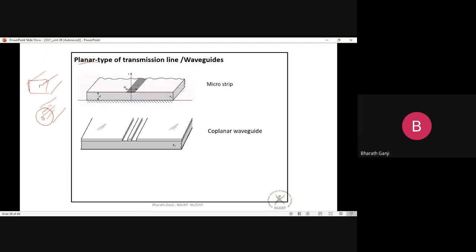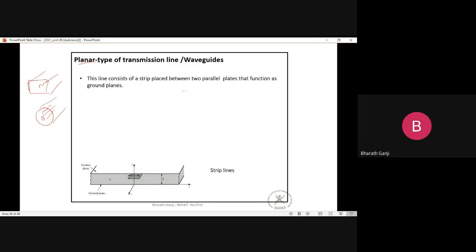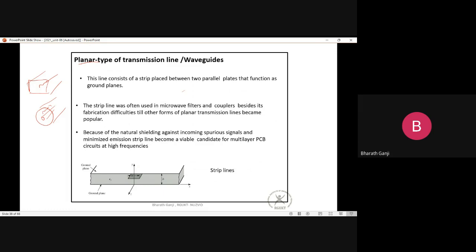The other common popular kind of planar type structure is strip lines. So the strip line, as you can see, has two ground planes, the bottom one and the top one, and in the middle there is a strip. And in the middle it is filled with the dielectric medium epsilon r. So strip line is a kind of parallel plate formation with the two ground planes, and in the middle there is a strip.